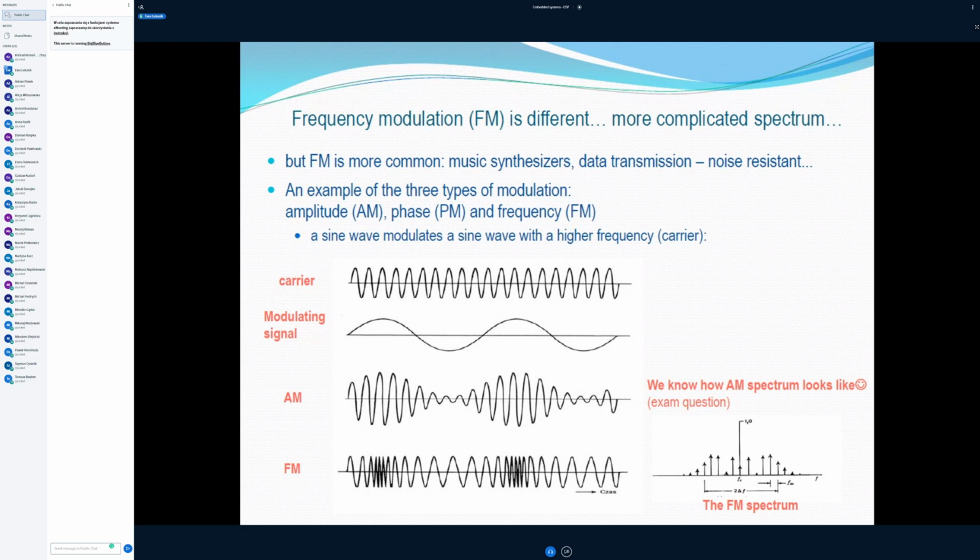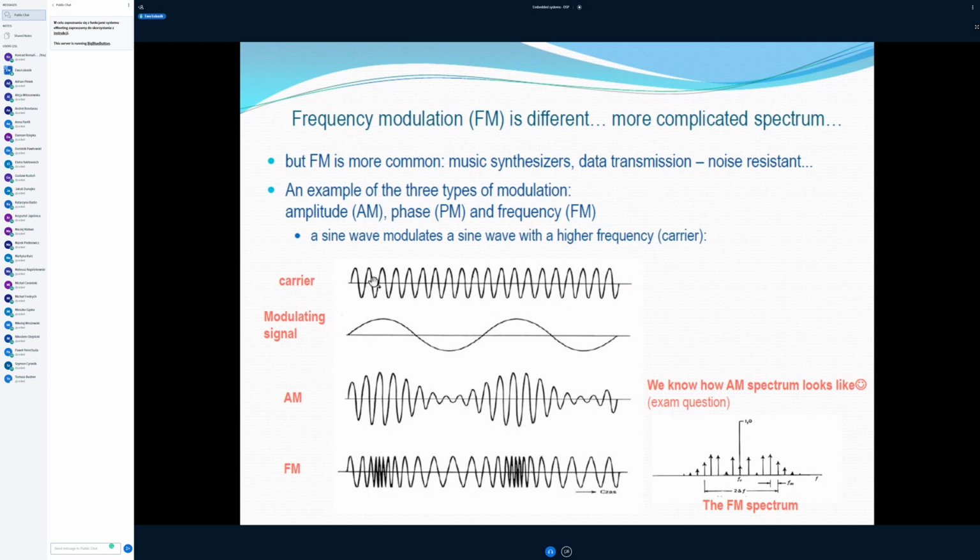I told you that in the past, when we had analog television, the image information was coded by amplitude modulation, and voice, sound, by frequency modulation. And still, if we have an analog radio, we prefer to listen to FM, not AM.